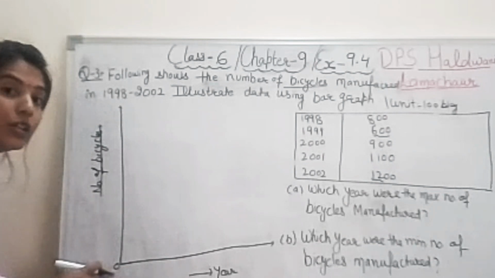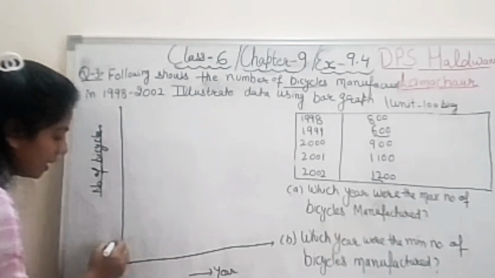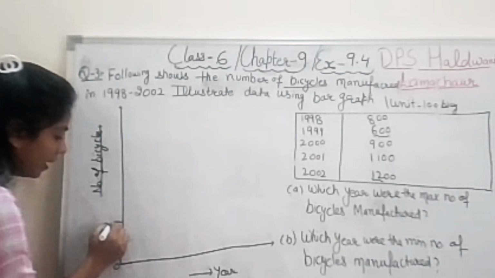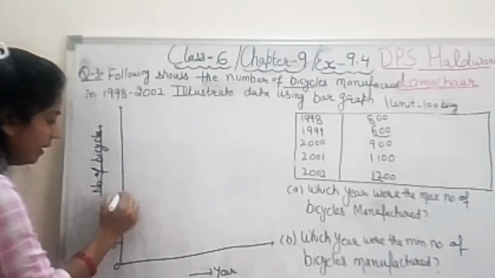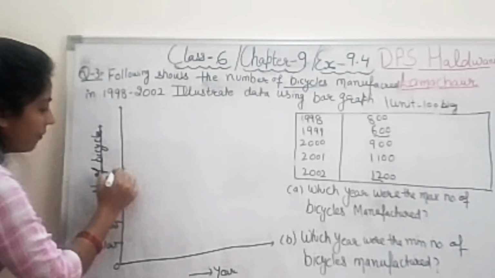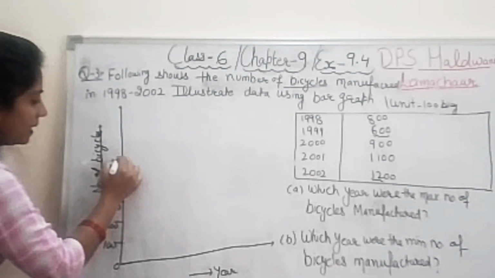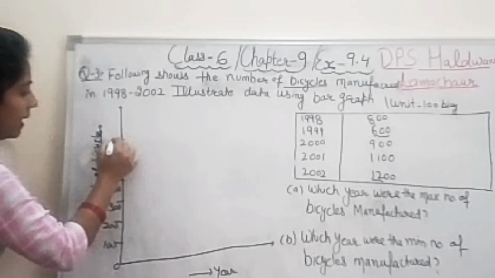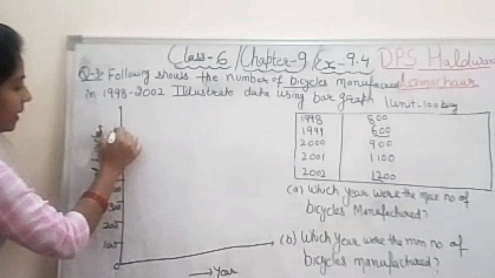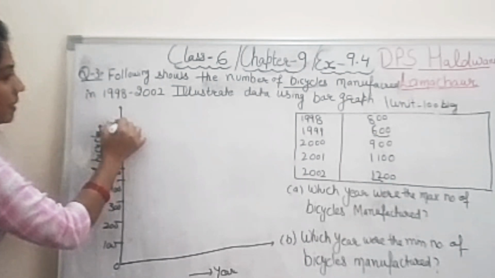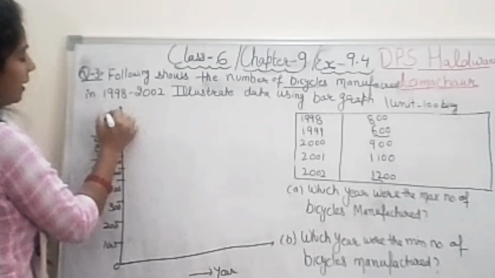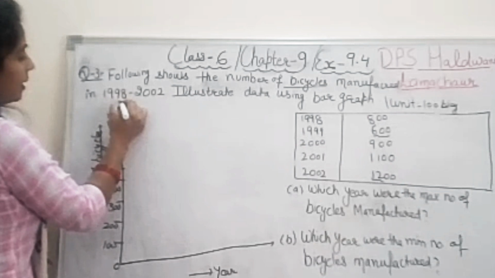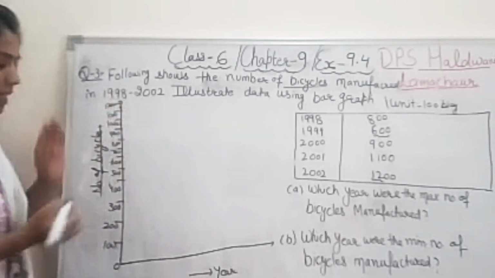This is always 0. That is the origin. Right? 100, 200, 300, 400, 500, 600, 700, 800, 900, 1000, 1100 and then 1200. Right, student?